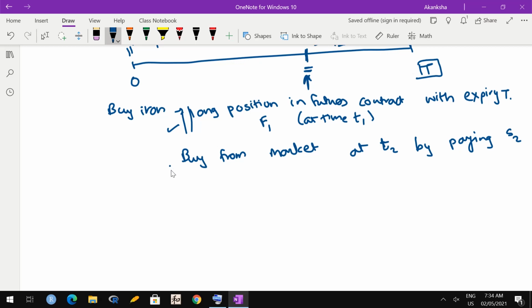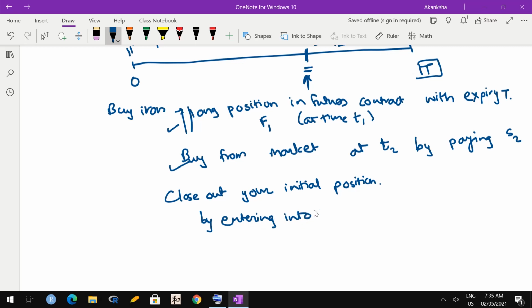So as soon as you buy from market, you close out your initial position. Close out your initial position means what? You enter into a reverse trade. So by entering into a short position again in a futures contract with the same amount, meaning same quantity, with maturity capital T again.